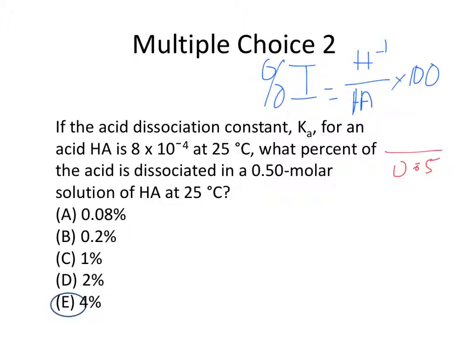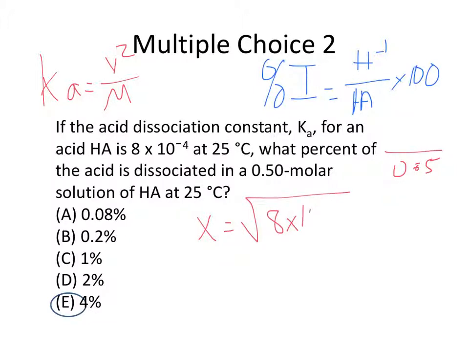We just need the top one. So X is, I know that Ka is equal to X squared over M. Well, X is the square root of 8 times 10 to the negative 4th times 0.5. What is 0.5 times 8?